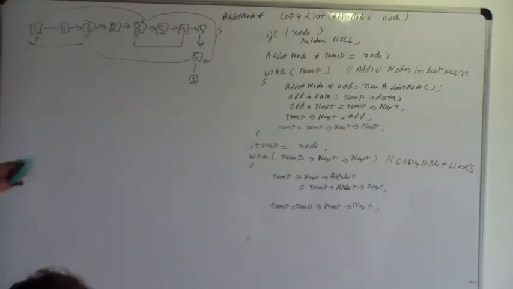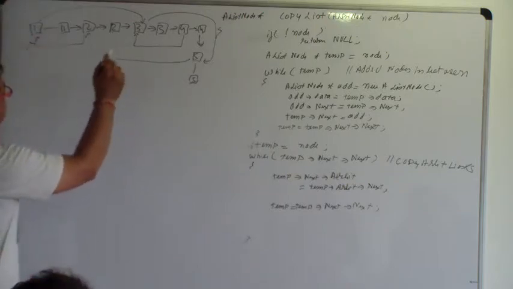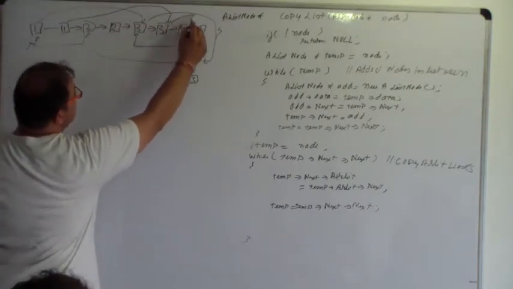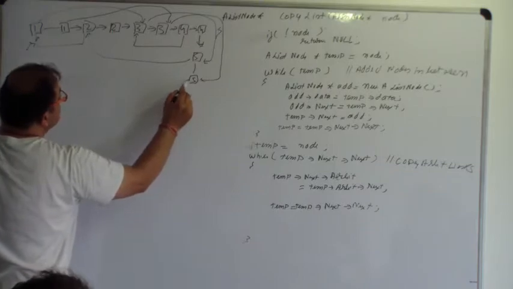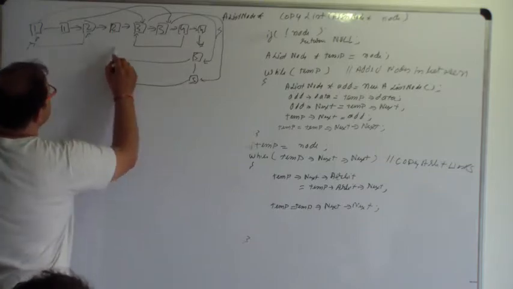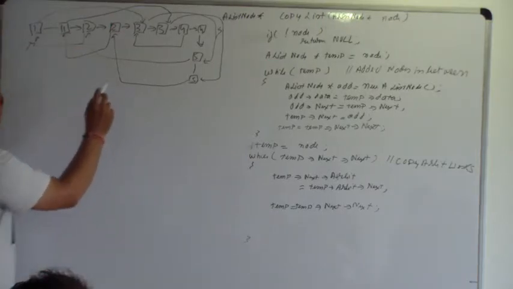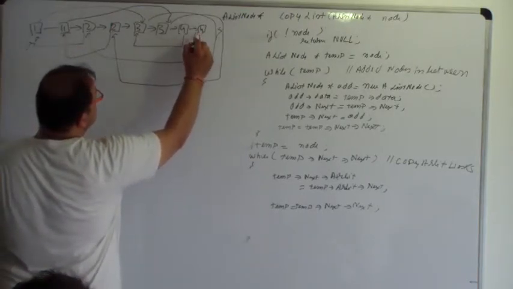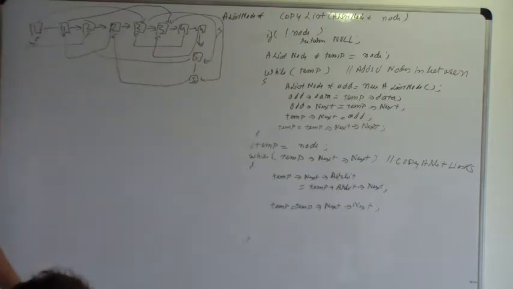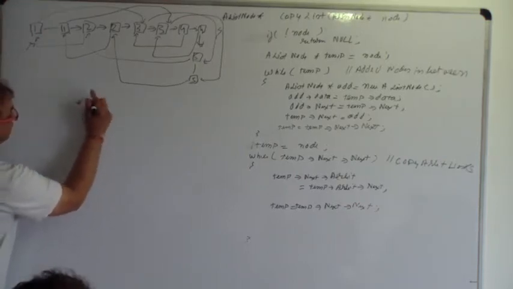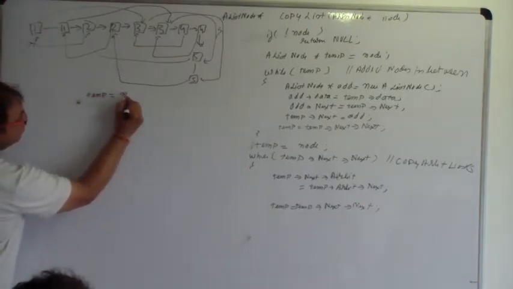So the next part would be, now I have to think. So now everything is pointing to the next one. So 1 is pointing to 3, 3 is pointing to this 5, this 5 is pointing to this 2, this 2 is pointing to this 1, and this 4 is pointing to this 3. Okay. Now we have to go through this list. So we'll again make temp is equal to node.